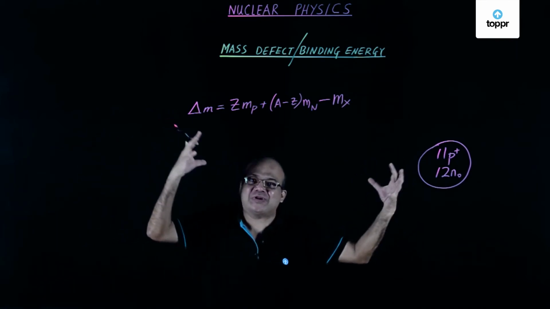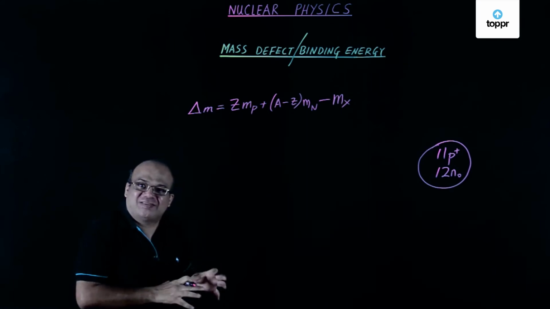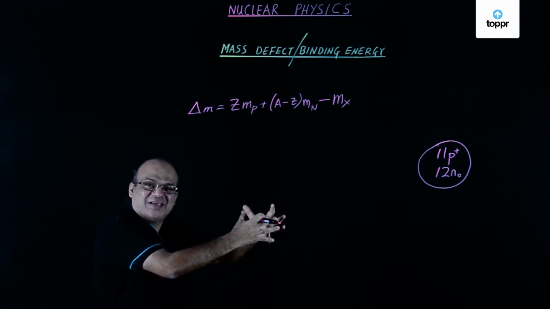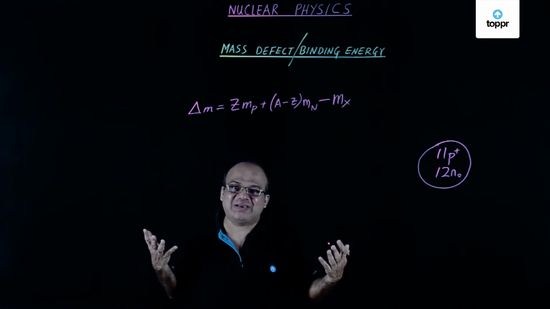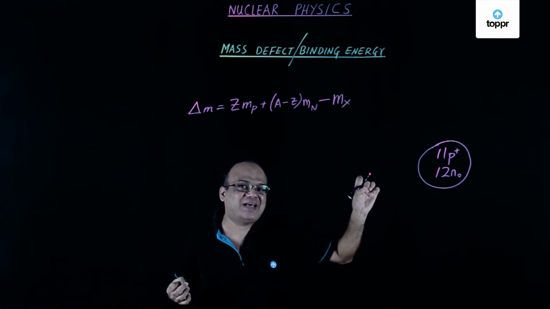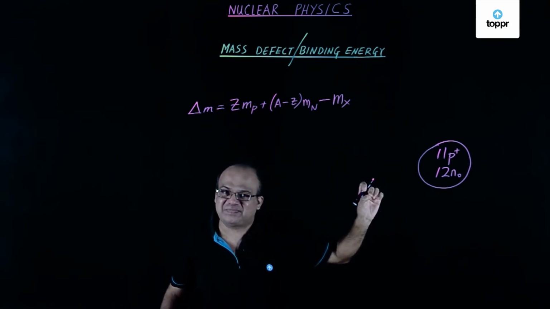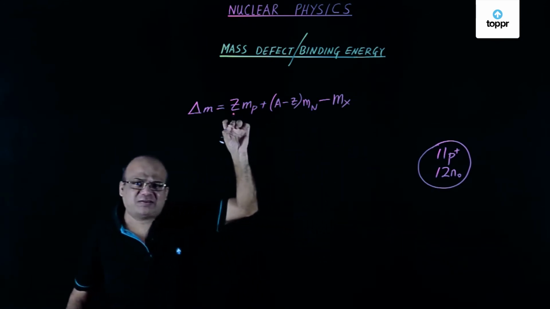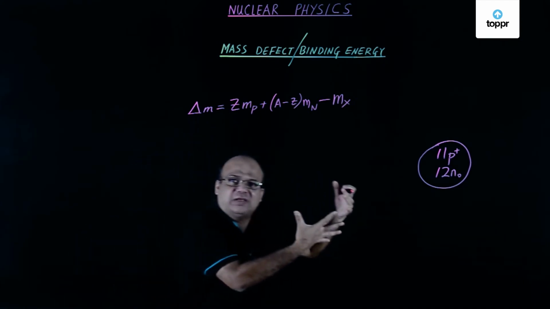You are making the sodium nucleus. You got 11 protons with you, 12 neutrons. You bring them together, make the sodium nucleus. You will find that the mass of sodium nucleus is becoming less than the mass of 11 protons and 12 neutrons. This mass defect is actually converted to energy.